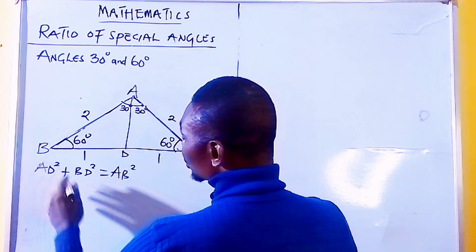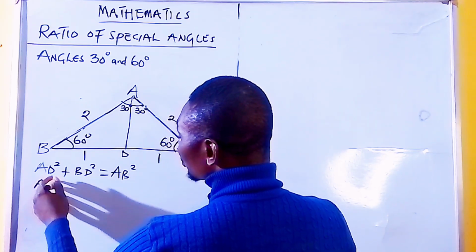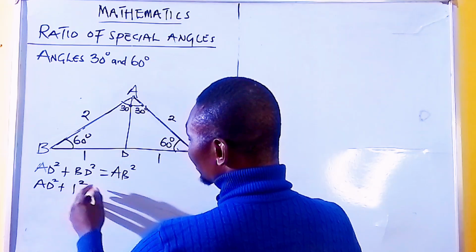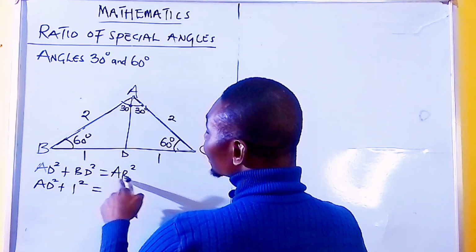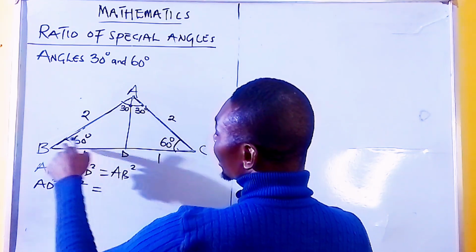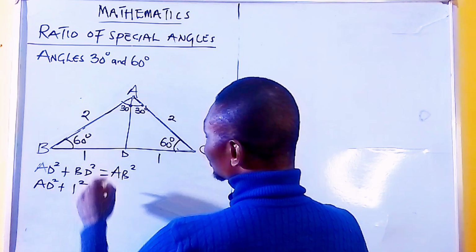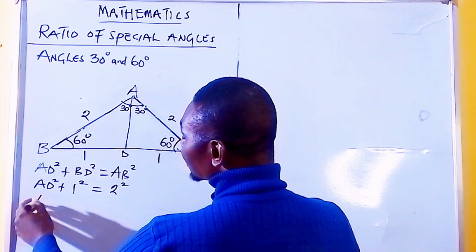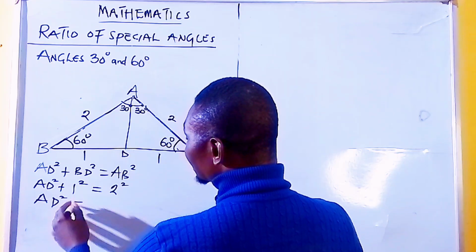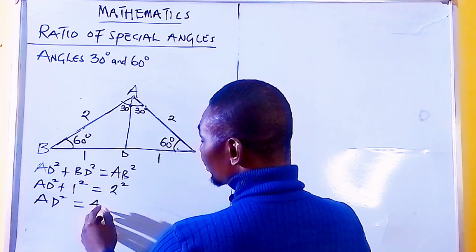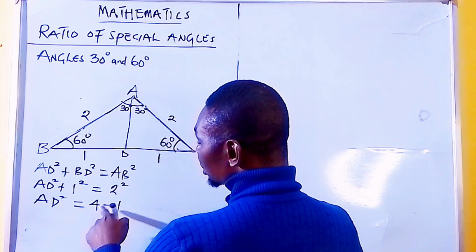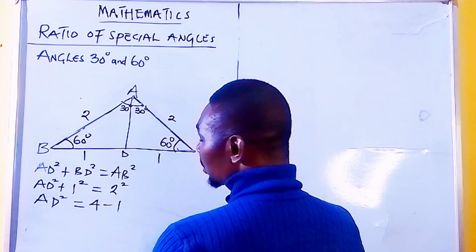We don't know it. So let's say AD square plus BD, which is 1 unit, 1 square, equals AB, which is the hypotenuse, 2 units, so we have 2 square. Collecting like terms, AD square is now equal to 4 minus 1, because 2 times 2 is 4, 1 times 1 is 1.